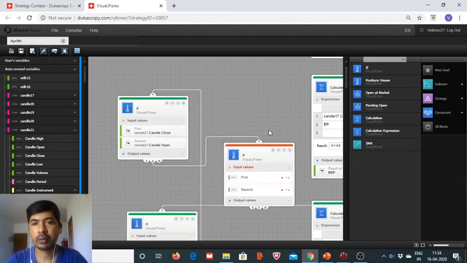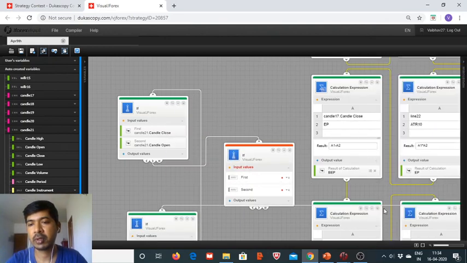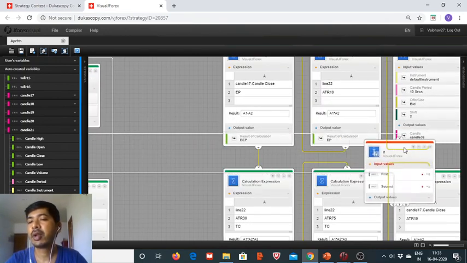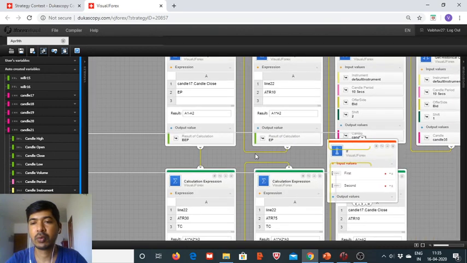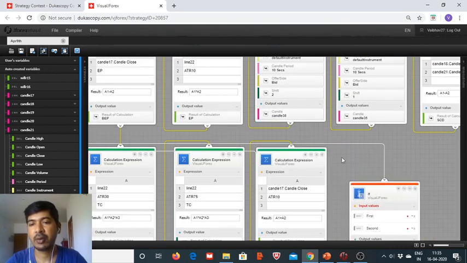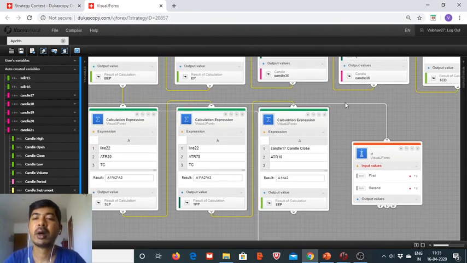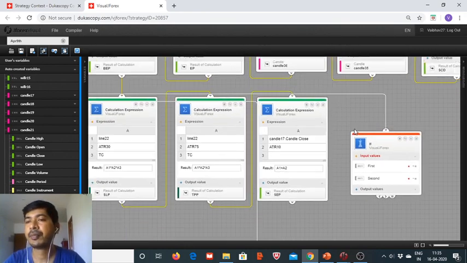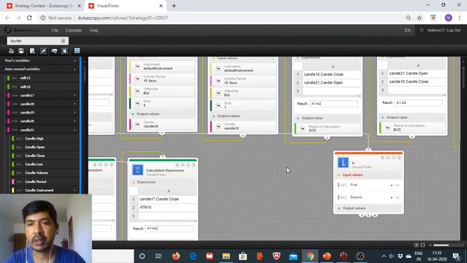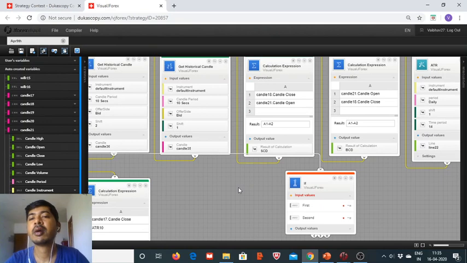Now we have to see if the difference between the closing level of the candle with shift 2 and shift 5 is greater than the ATR range. So we take this candle 18's closing level and the candle 21's open level, and we have done this calculation here.